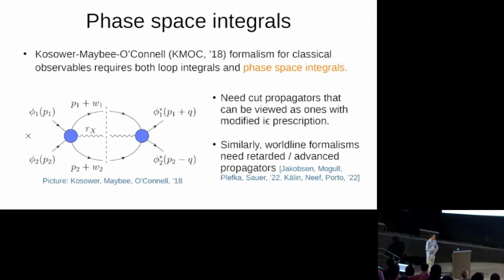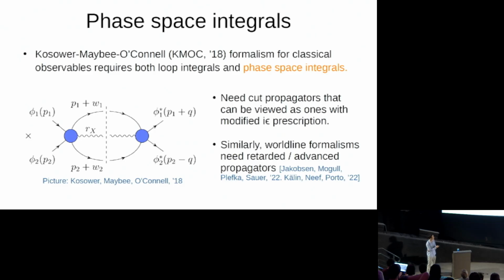Now, I should mention that we also need phase-space integrals, not just loop integrals. For example, if you look at the Kosower-Maybee-O'Connell formalism, one of the authors is in the audience, you need both linear and quadratic pieces of your amplitudes in the classical observables. In the quadratic piece, you have the amplitude times the conjugate amplitude, and you will have these delta functions.